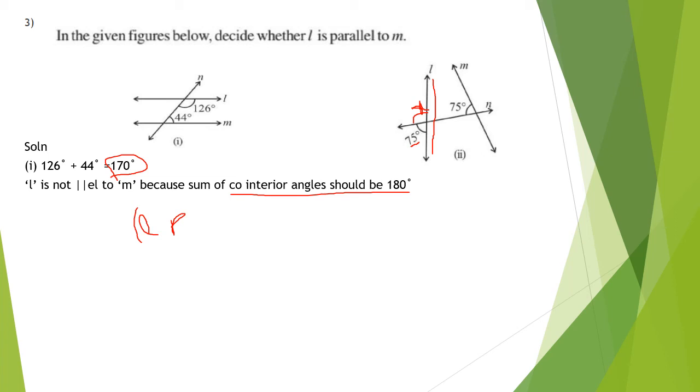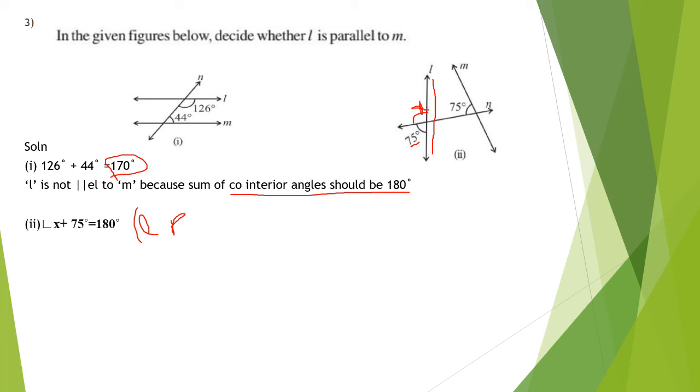Okay, look here, this is one straight line and this is one common arm, and you have two angles on both sides. So this 75 degrees and X form a linear pair. Linear pair means 75 degrees plus X is equal to 180 degrees.